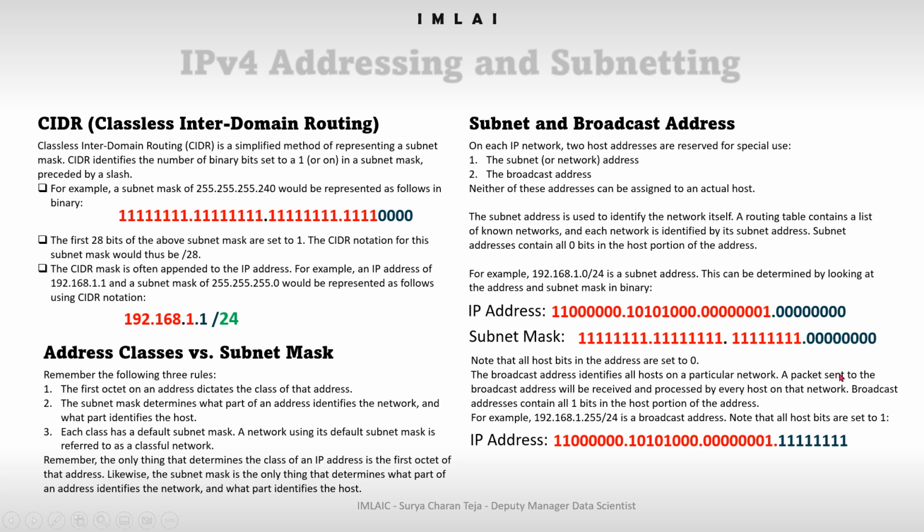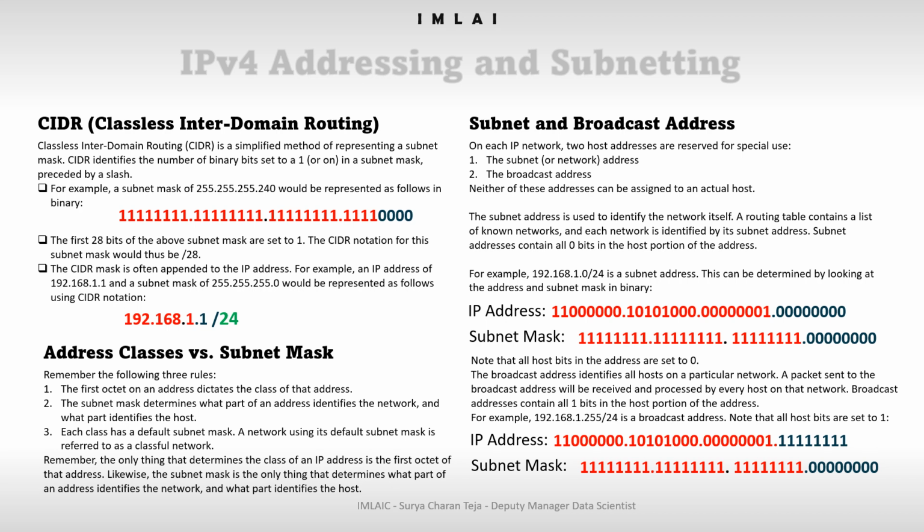In this example, all host bits are set to ones, and you see the subnet mask remains the same. This subnet mask says the first three octets identify or define the network, and the last octet defines the host. Broadcasts are one of the three types of IP packets.